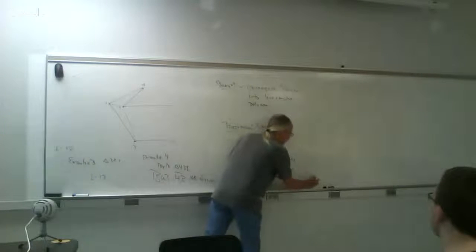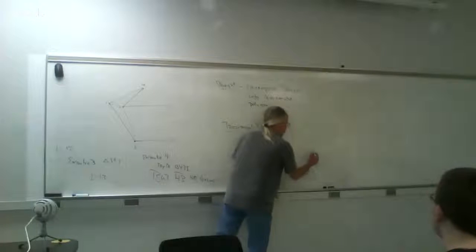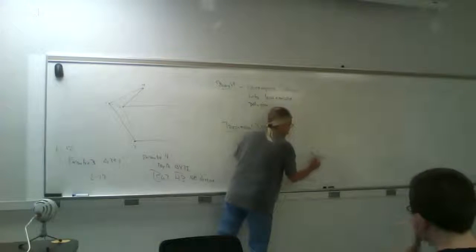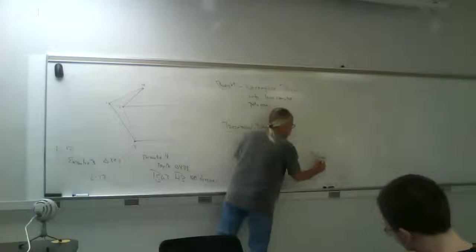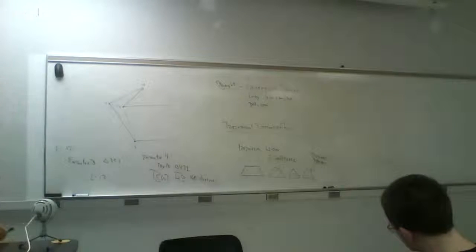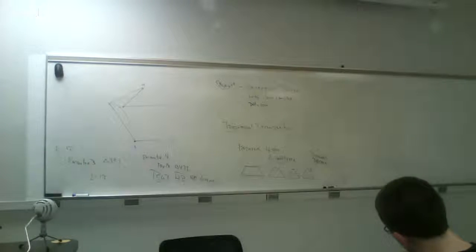So in fact, a triangle is a degenerate trapezoid. So normal trapezoids and degenerate trapezoids are still trapezoids.